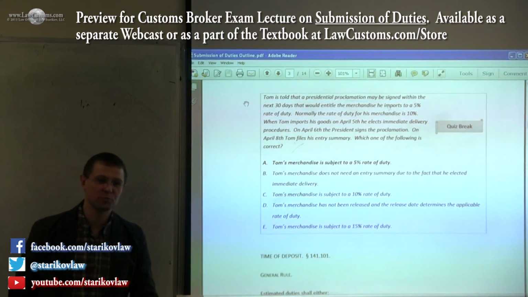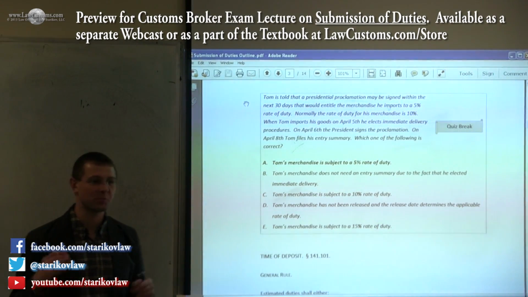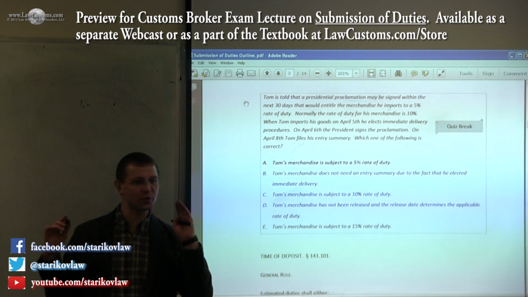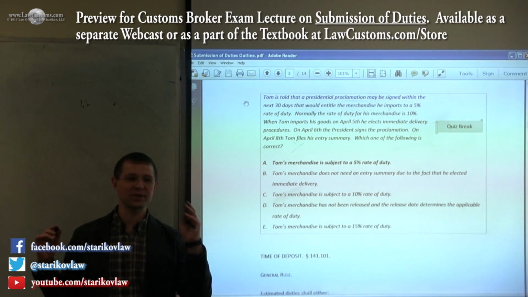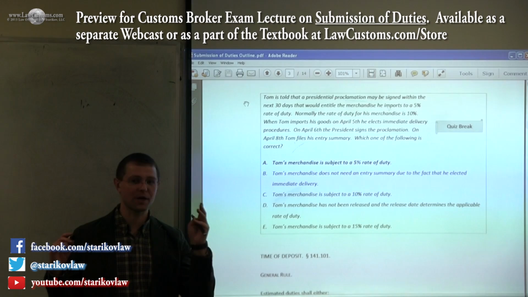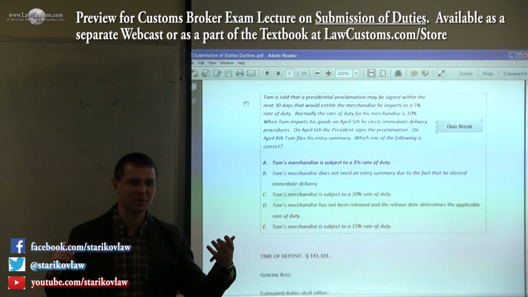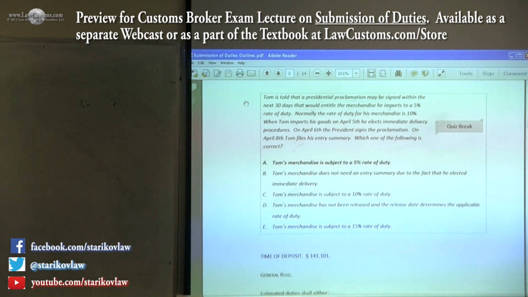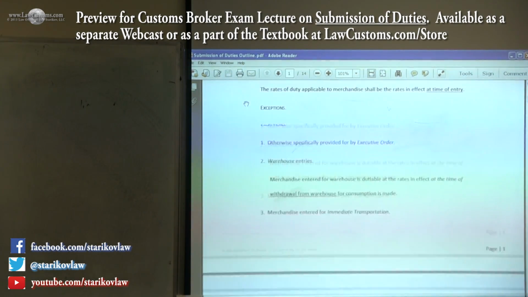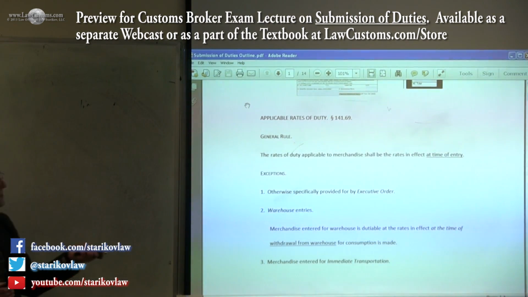It's told that the presidential proclamation, okay, buzzword, presidential proclamation. Remember, the duty rates are the duty rates that are in effect during time of entry or when the president says so. Remember? Executive order.